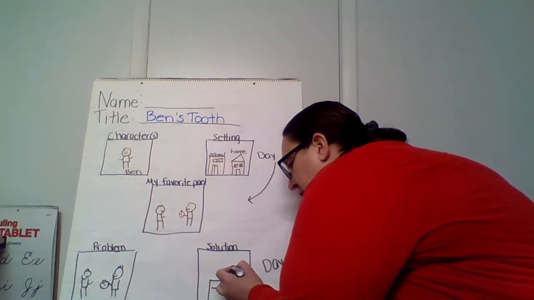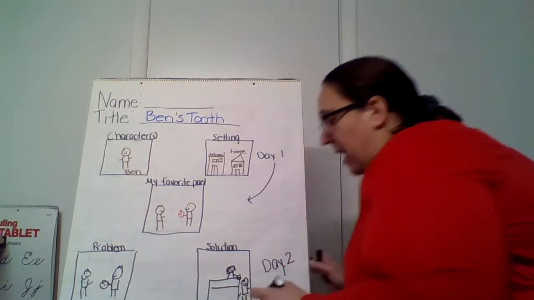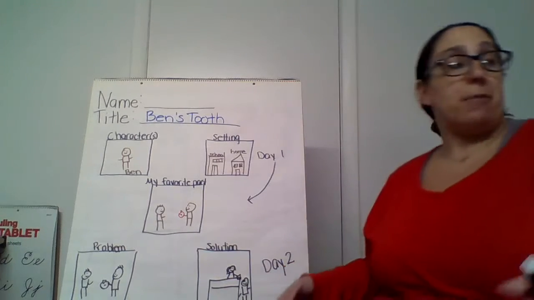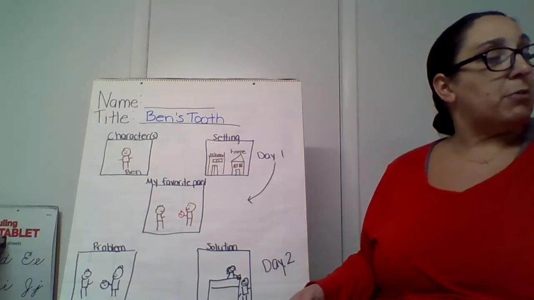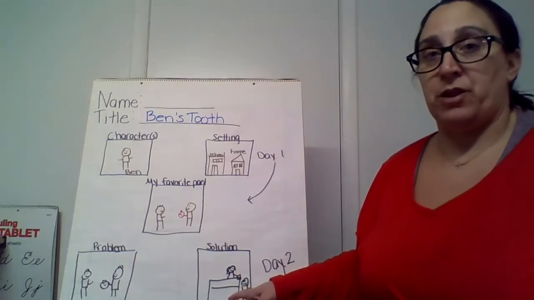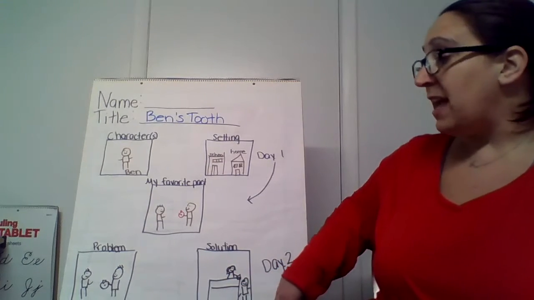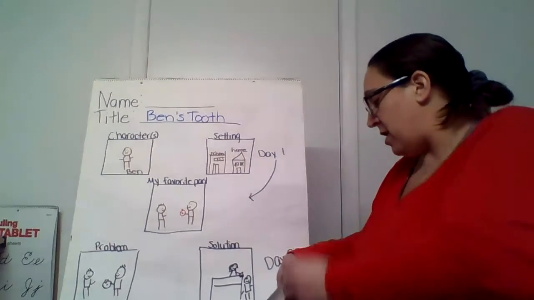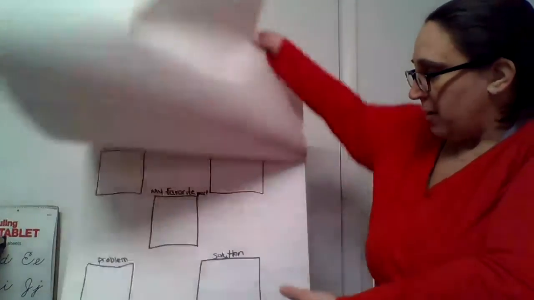So Ben can put his tooth in the box. So you might have a different problem and solution, but that is the problem and solution that I came up with in the story.